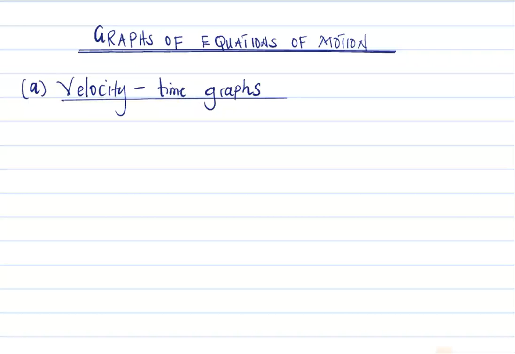Now, a velocity time graph is a type of graph where velocity is plotted against time. Under this graph, we are saying velocity versus what? Time.